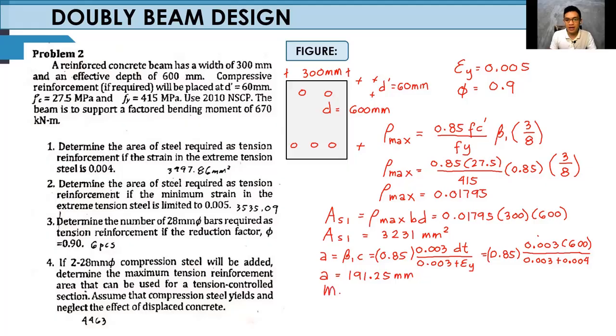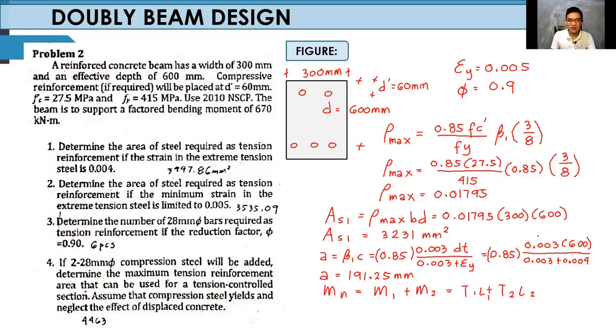Yung same kanina, Mu is equivalent to M1, sorry, that is not Mu but Mn, 'di ba? Mn is equivalent to M1 plus M2, or yung ating tension 1 times its lever arm plus yung ating tension 2 natin times its lever arm. So distance, lagay natin dito, yung kaniyang lever arm, length niya, then lever arm ng ating T2.